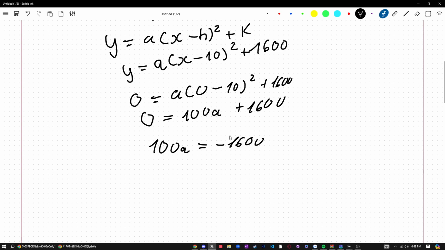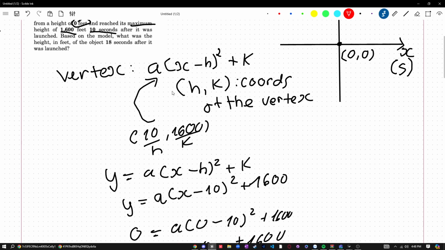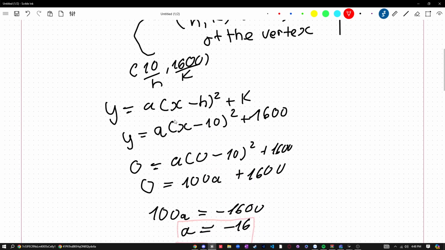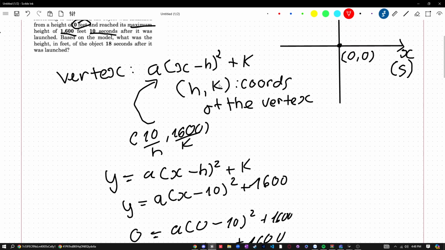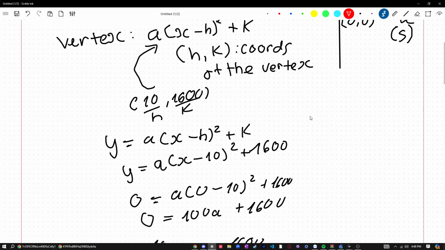Now subtracting 1,600 from both sides, we'll get 100a is equal to minus 1600. Now the last step is to divide both sides by 100. a is equal to minus 16. There we got our value of a, which is minus 16. So now we substitute this a value back into our function, and we will get the equation of the model.